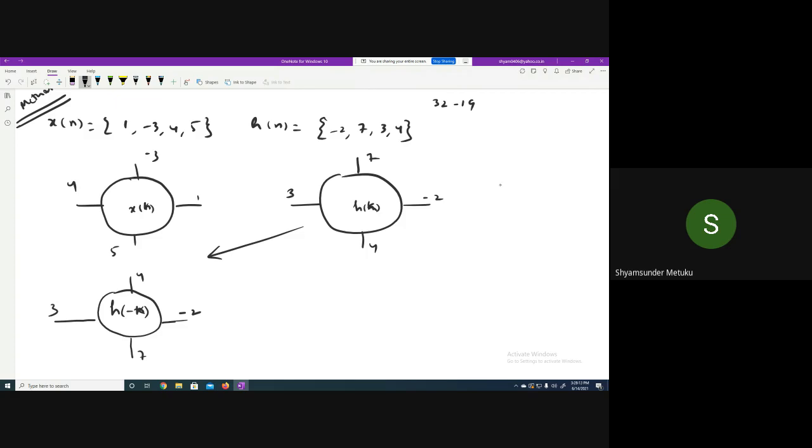Correct? Then, if you try to multiply for n equal to 0, x of k with h of minus k, the corresponding degree samples must be multiplied. So minus 2 into 1, these two, this one and this one. Then here minus 3 into 4, then 4 into 3, then 5 into 7.